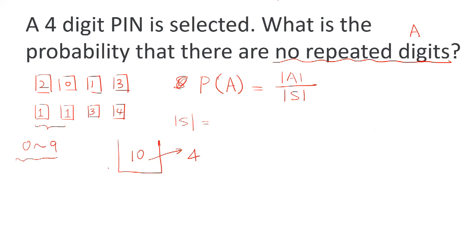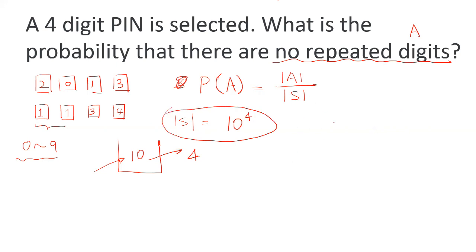And for each pick, we replace the container with the same digits, right? That means in the sample space, of course, we can have repeated digits. So the number of sample points in the sample space is 10 to the 4th power, right? Okay, so this is the denominator.